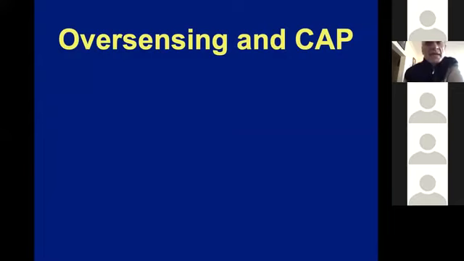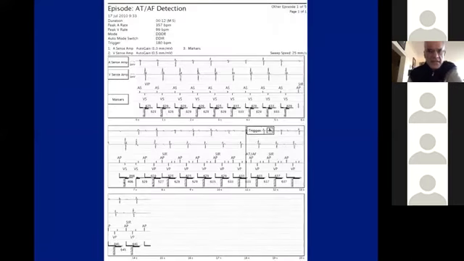Okay, so here are some examples of combination of things. So you can have oversensing and competitive pacing. So this is an example of both. And again, let's look at the markers. Initially, first of all, the device thinks that this is AF detection. I would like to hear what the audience thinks about this one.